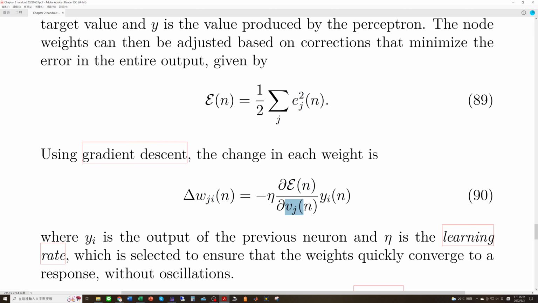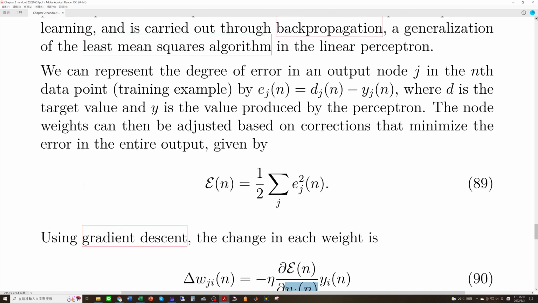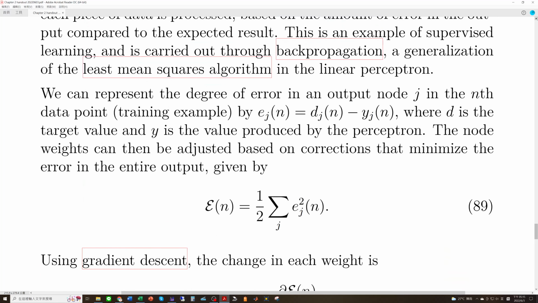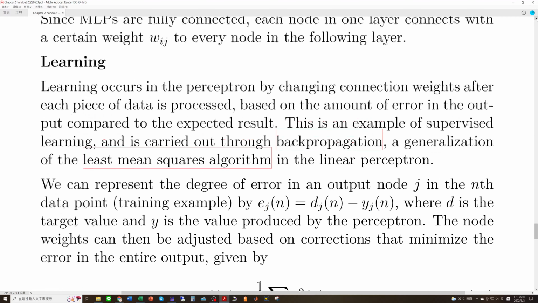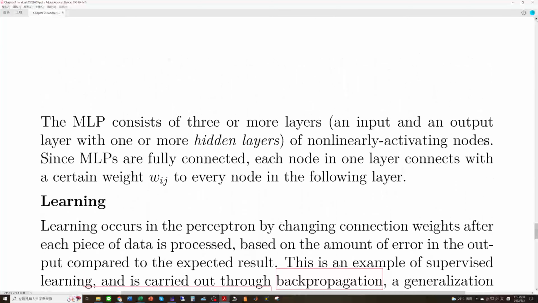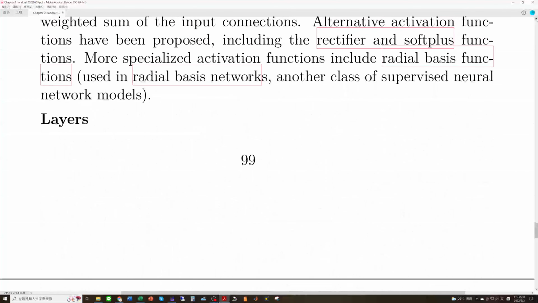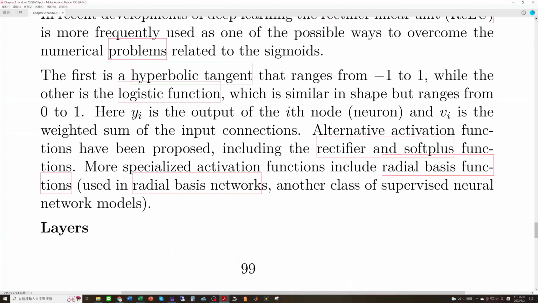And what is Vj of n? Let us search for Vj of n. Vj is the weighted sum of the input connections.